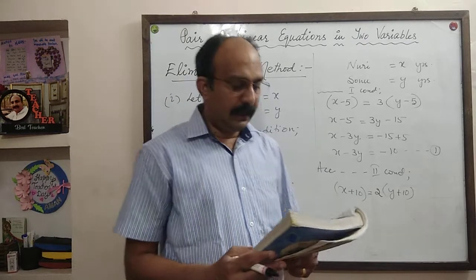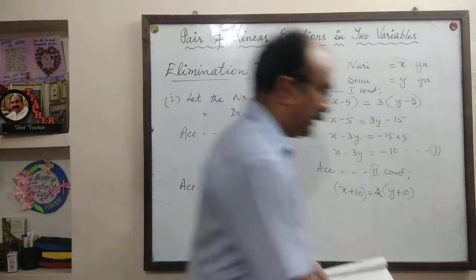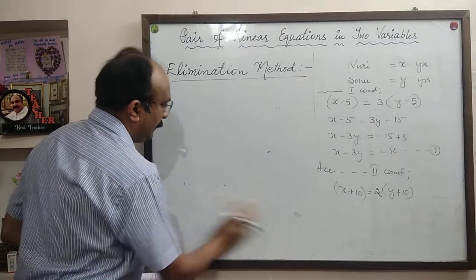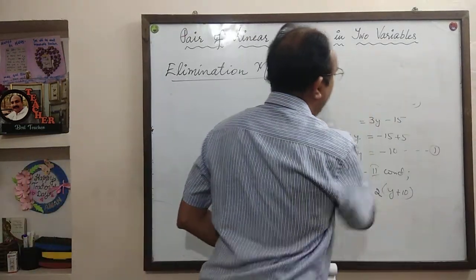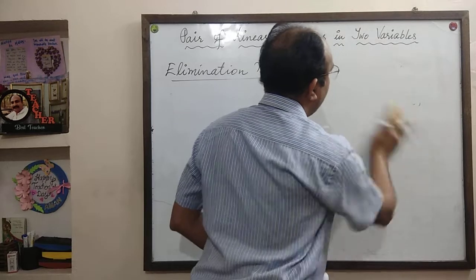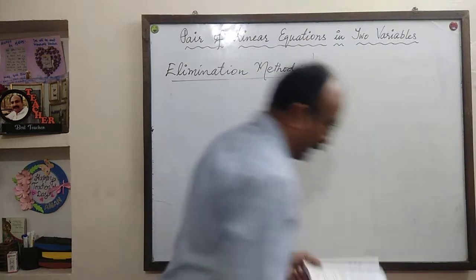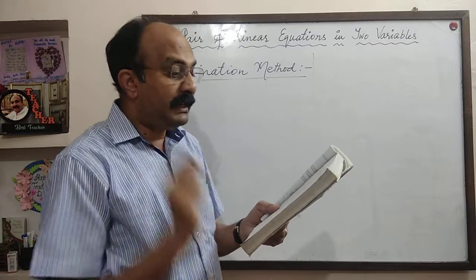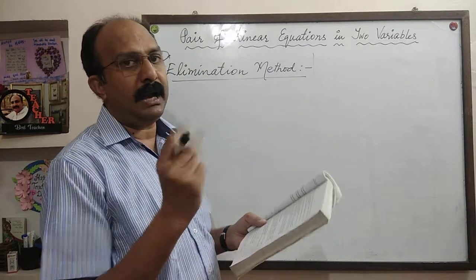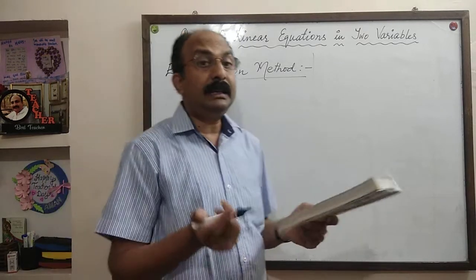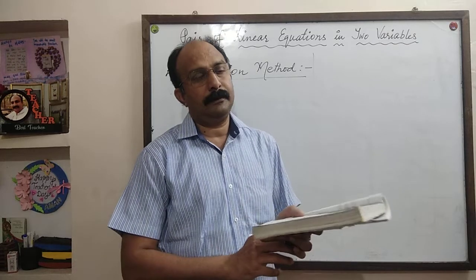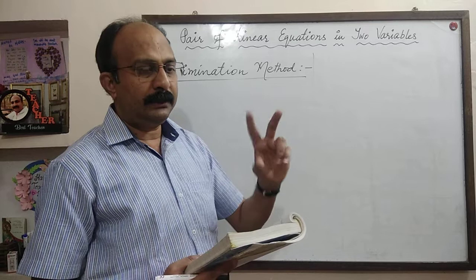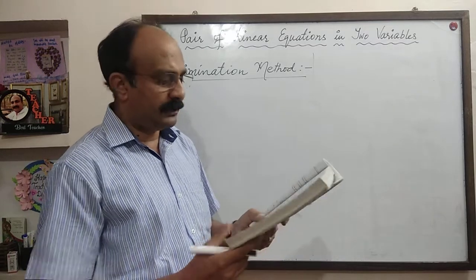Now question number 3. The sum of the digits of a two-digit number is 9. In class 8 algebra, you might have done these two-digit number type questions.